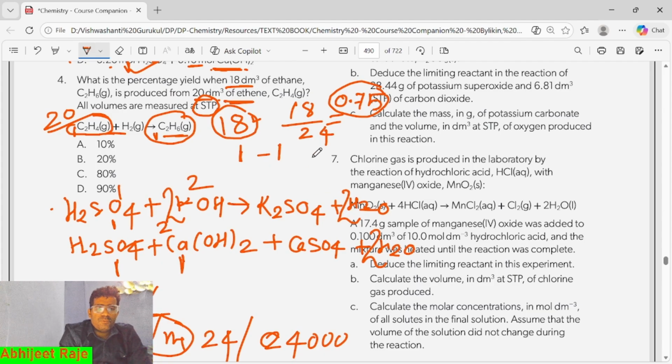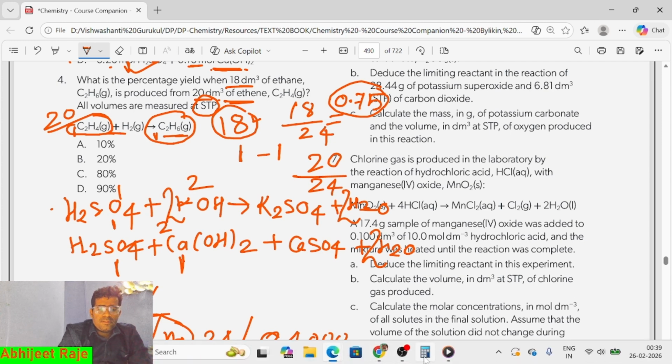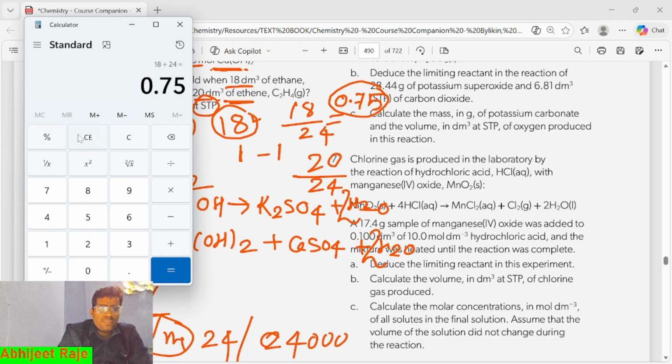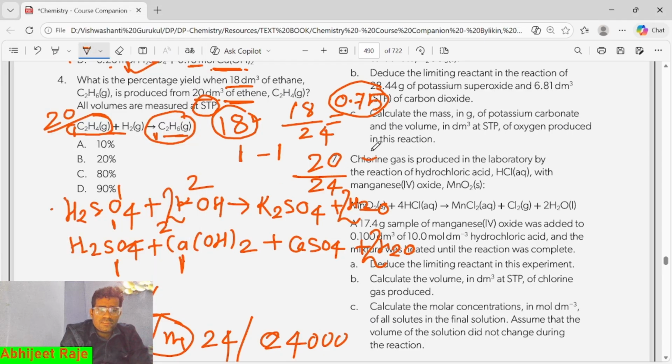Now 20 dm cube we have used. So from 20 dm cube, what is expected? So 20 upon 24, simple maths, I'm getting 0.83, right? So this 0.83 is what my theoretical is.